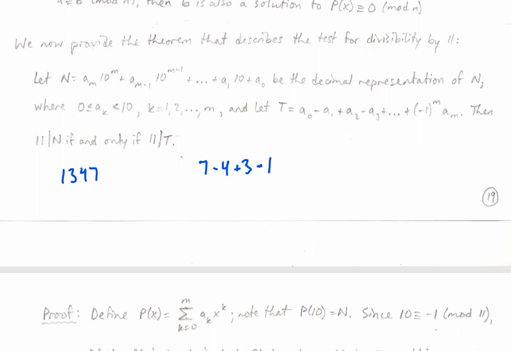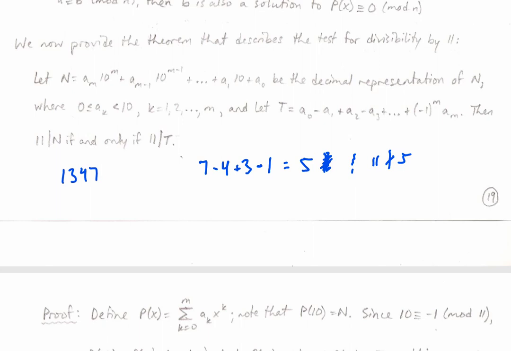So 7 minus 4 is 3, plus 3 is 6, minus 1 is equal to 5. And 11 does not divide 5. So therefore, we would automatically know that 1,347 is not divisible by 11.